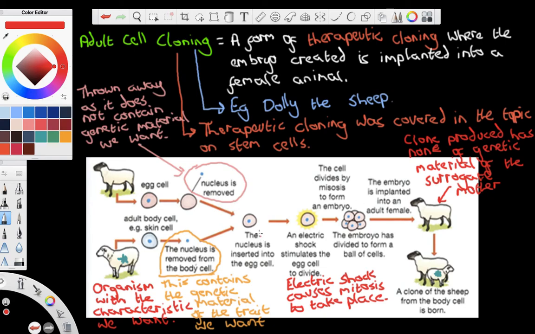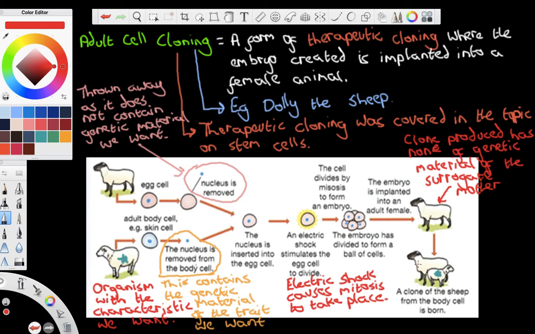They got one sheep, they removed the nucleus from that sheep, they took an egg cell from another sheep, they put the nucleus from this sheep into an empty egg cell, gave it an electric shock, it developed into embryos, they put it into a surrogate mother, and the offspring that was born would have been Dolly the Sheep, and Dolly the Sheep would have been identical to this one. Now, Dolly lived until she was 6.5 years old, and she even had offspring of her own, and it showed that this technique was possible.